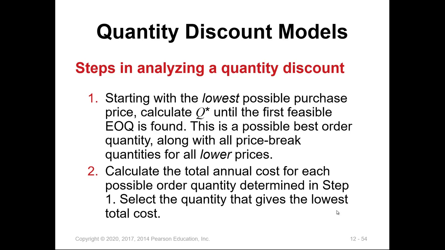Then we calculate the total annual cost for each possible order quantity determined in step 1. Then select the quantity that gives the lowest total cost. Again, the idea of this is to minimize the total cost.